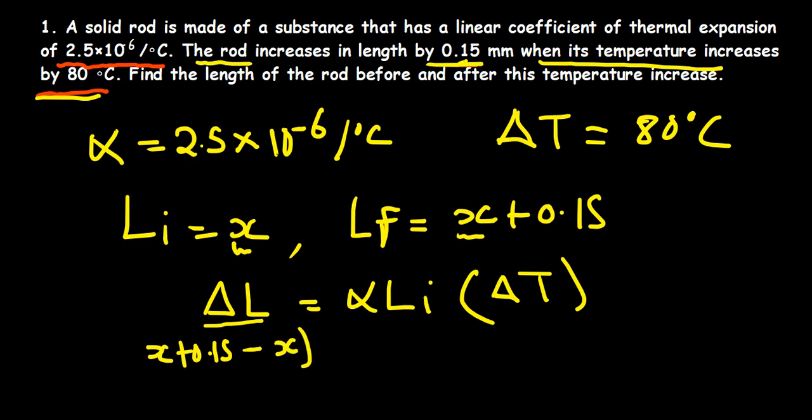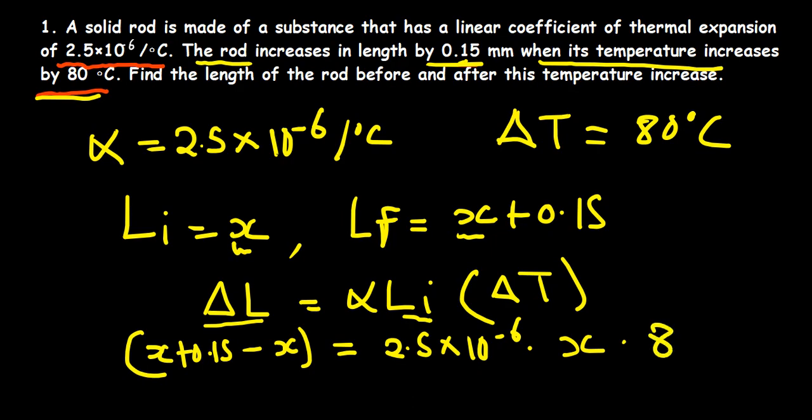This is our change in length, and it equals alpha, which is 2.5 multiplied by 10 to the power minus 6, multiplied by the initial length x, multiplied by the change in temperature, 80.